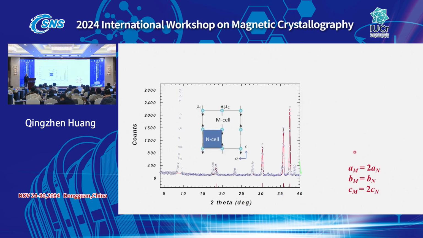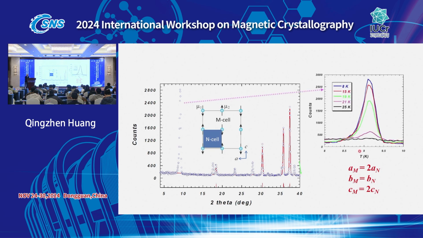In this case, you can also use another way to judge which one is magnetic. Normally for magnetic, before the order there is no peak, and after the order there is a peak. For a second-order transition, you can see the peaks gradually increase in intensity as the temperature decreases. For a first-order transition, the intensity changes suddenly.